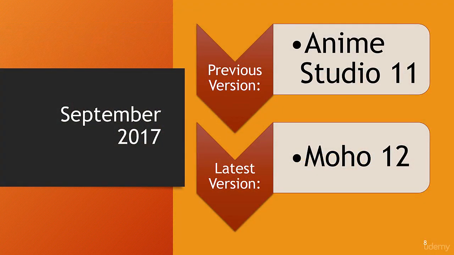Now, as of September 17th, the previous version of Moho was called Anime Studio 11, and that's where we get the formerly known as. It's currently called Moho 12, and these two versions are not exactly identical. Moho 12 has several significant additions above the predecessor release.